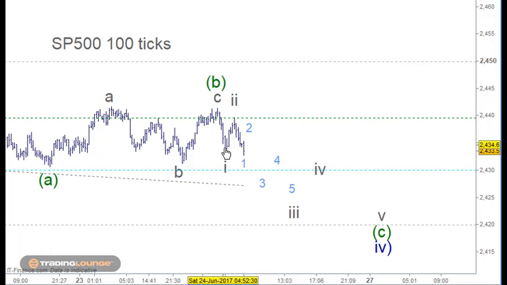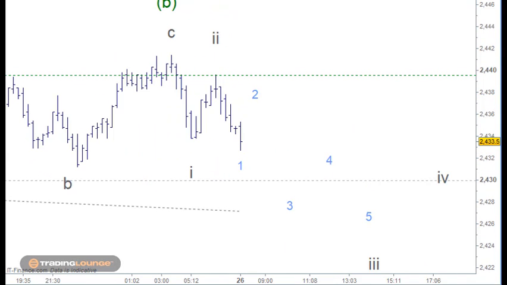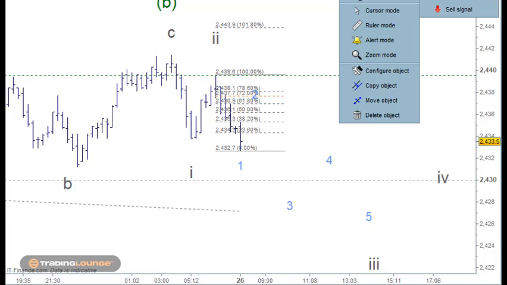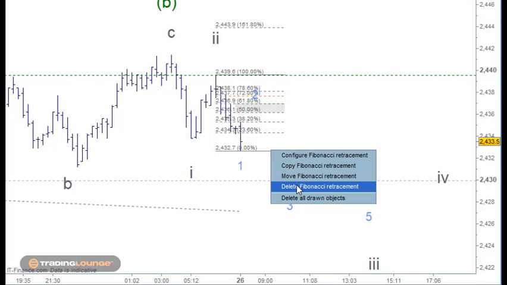So at the moment it can be an A and a B and a C and move up from that point. Another way to look at this or to drill into this really is taking this high here and this low here and looking at the 50-60% retracement level in here, and considering that's where it should rally back to anyway here.